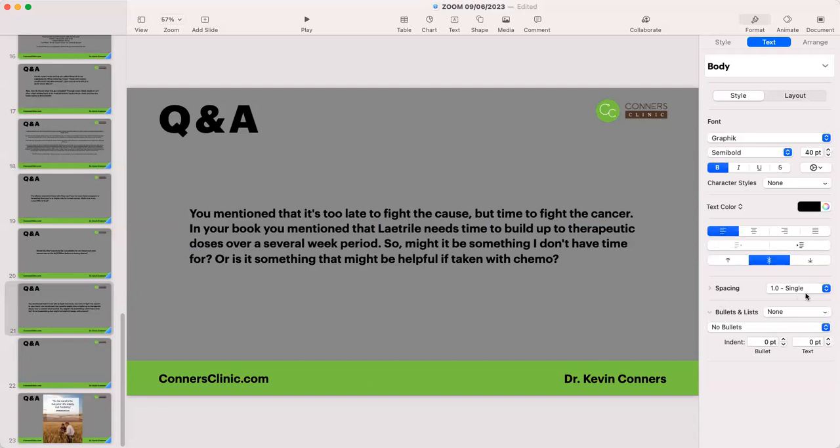My glyphosate test came back still very high after 2 years of detoxing and eating organic. Does this surprise you at all? How can I get rid of this? You know, this is really sad. This is what we were talking about before: you could eat perfectly and all you eat is organic.